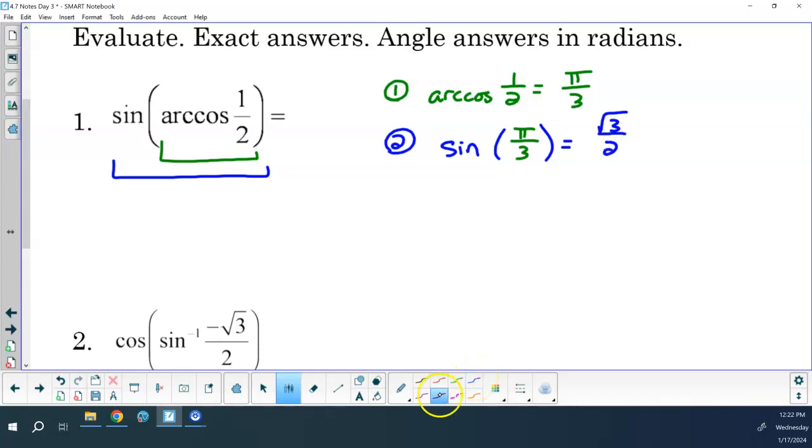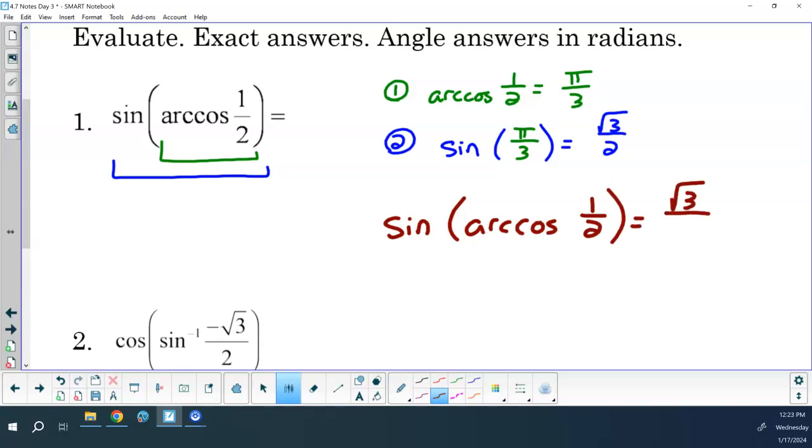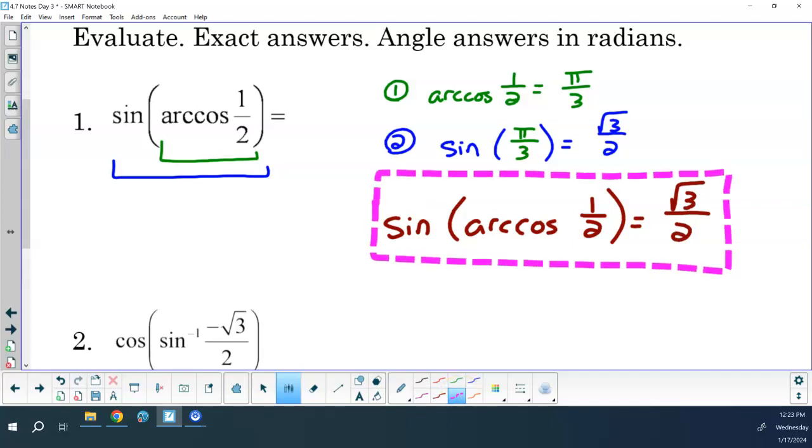So the sine of the arc cosine, forgot the C again, forgot the C in the last class, same problem, of 1/2 is the square root 3 over 2. Yes?